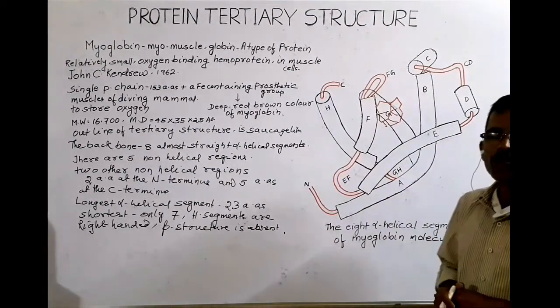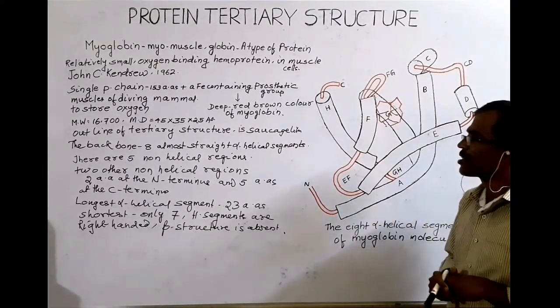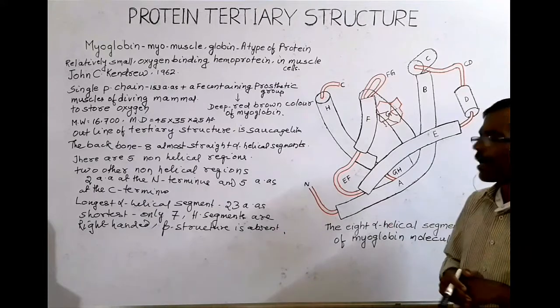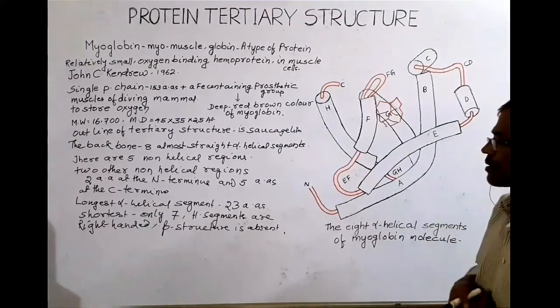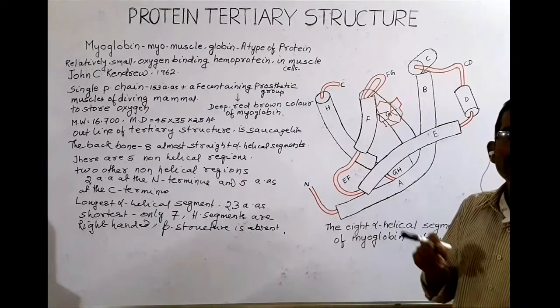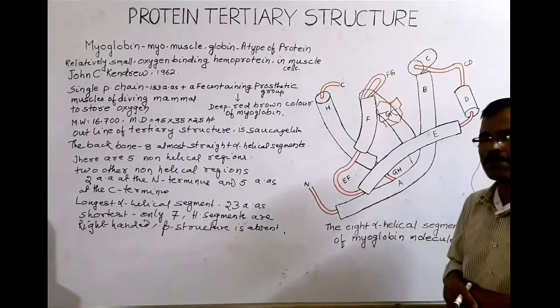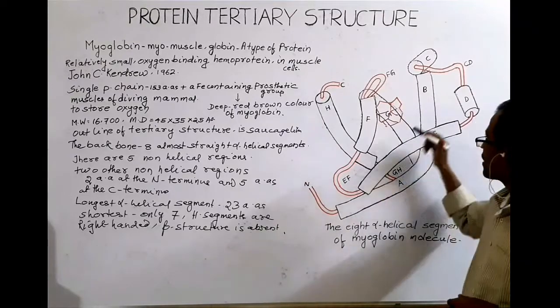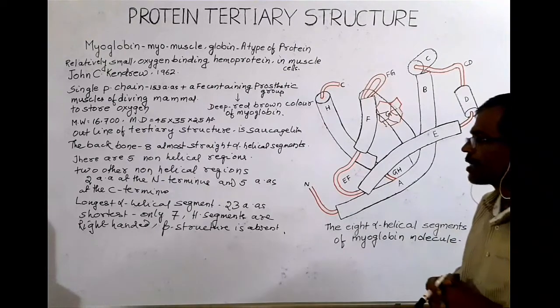The outline of the tertiary structure of myoglobin is sausage-like, and out of 8 alpha helical segments, the longest alpha helical segment contains 23 amino acids, and the shortest segment contains only 7 amino acids.